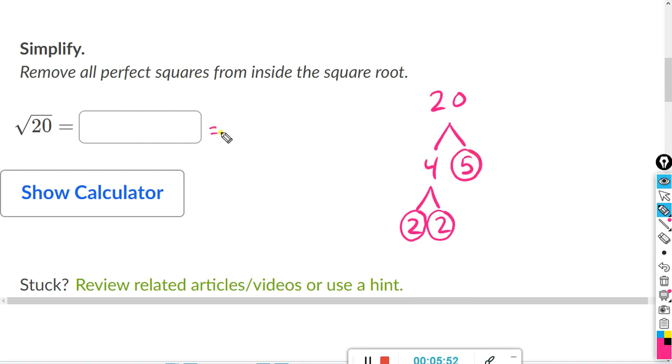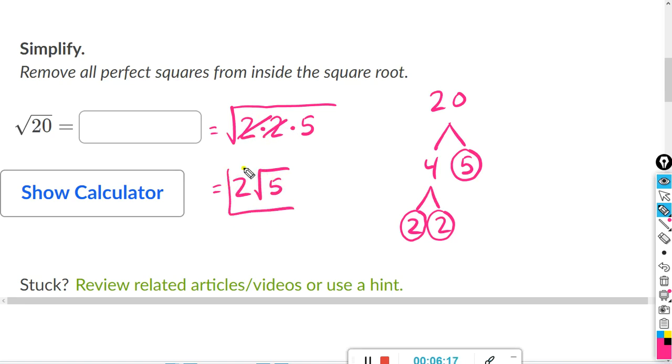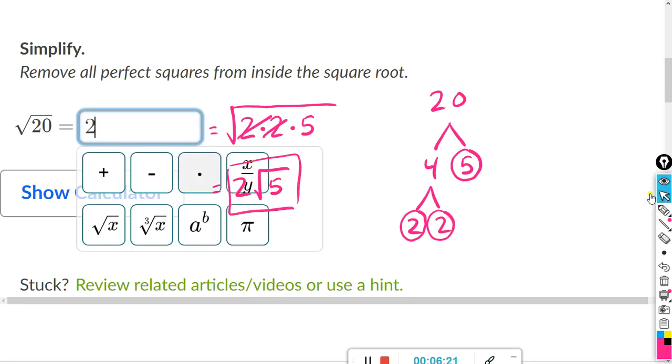And the square root of 20 is equivalent to square root of 2 times 2 times 5. Okay, and you can take the square root of any number that repeats. So the square root of 2 times 2 is just 2. And underneath the radical symbol, we still have the 5. So that's it, 2 radical 5.